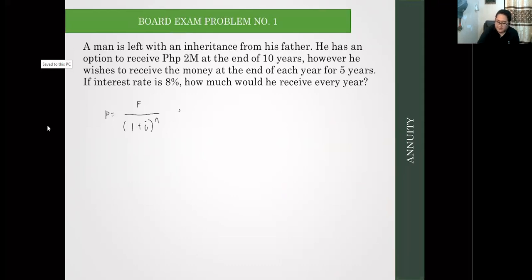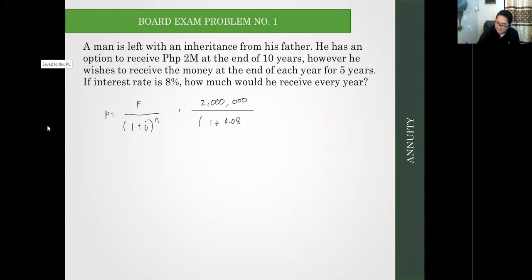So yung future value natin is yung 2 million. Okay? Gusto natin mahanap yung present value niya kapag in-apply natin yung interest na binibigay ng bangko. Okay? So 1 plus 0.08.